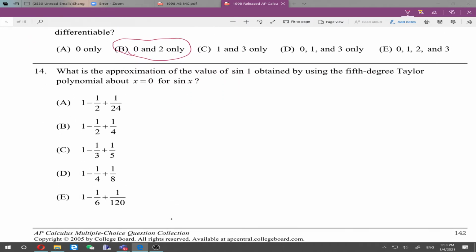Okay, for 14, I want to know the approximation of the value of sine 1 obtained using a fifth degree Taylor polynomial about x equals 0 for the sine of x. So first, what's our general form for a Taylor polynomial about sine x?